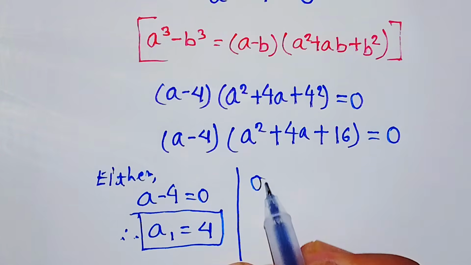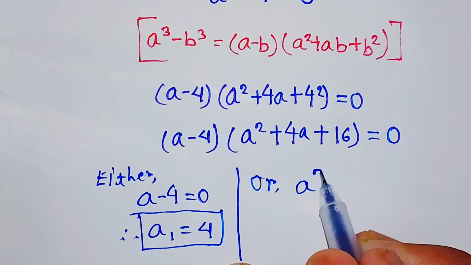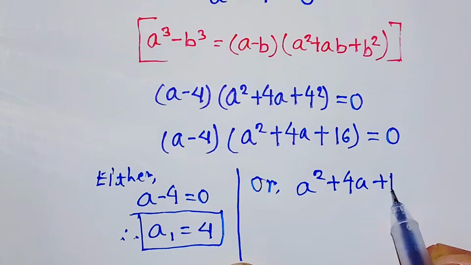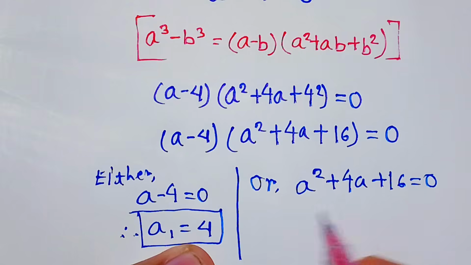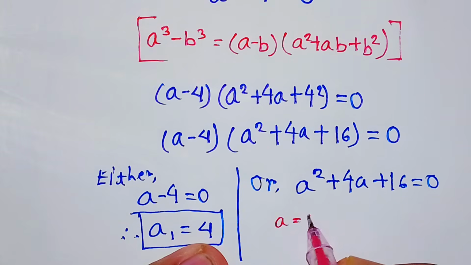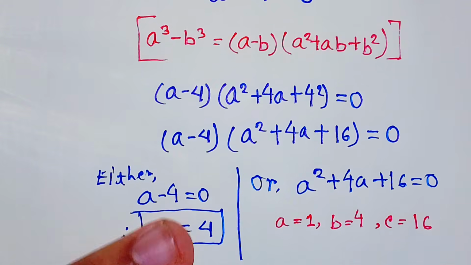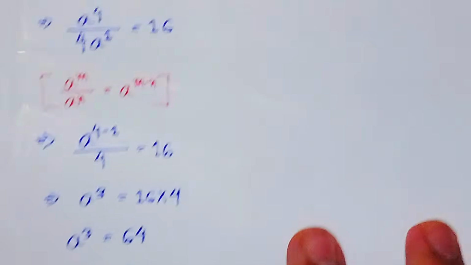So after here we'll solve this quadratic equation, that will get a square plus 4a plus 16 equal 0. So here we'll get a equal 1, b equal 4, and c equal 16.